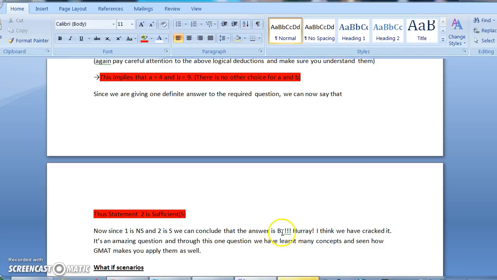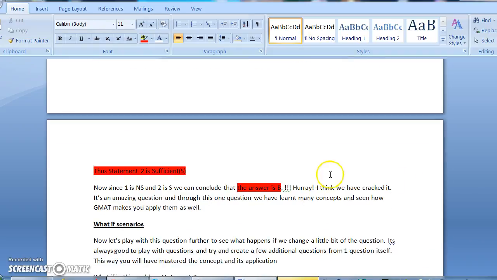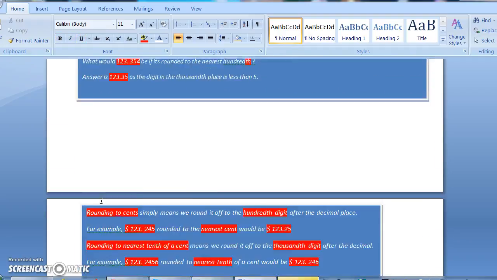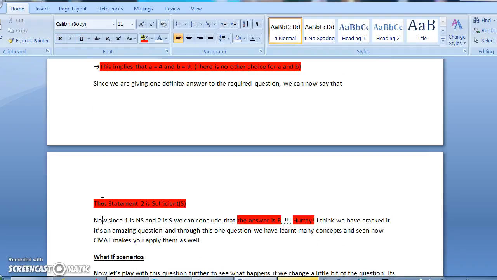We can therefore conclude that the answer is B, which is the answer when statement 1 is not sufficient and statement 2 is sufficient, and hooray! This means we finally cracked this problem. What an amazing problem. Lot of concepts, lot of logical thinking, step by step analytical thinking, a classical GMAT problem.